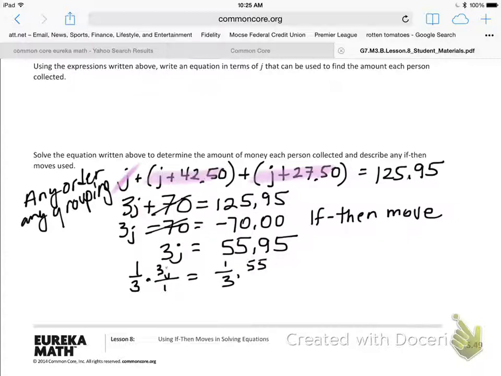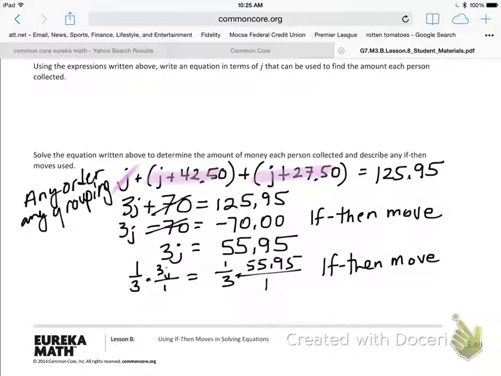Times 55.95. So that's what we are doing there, multiplying it by 1/3 or dividing by 3. And that is another if-then move, the multiplication property of equality.